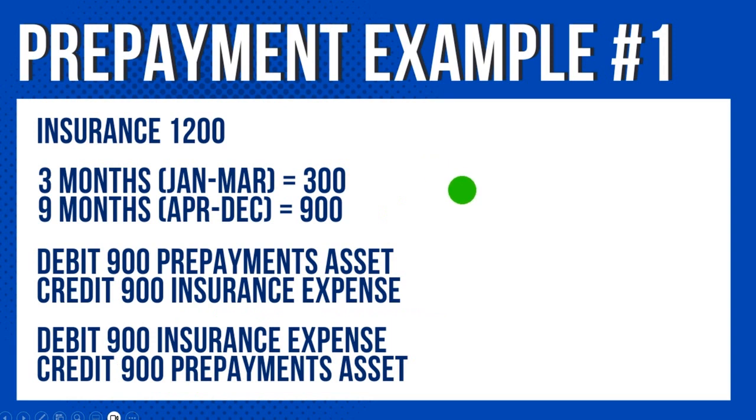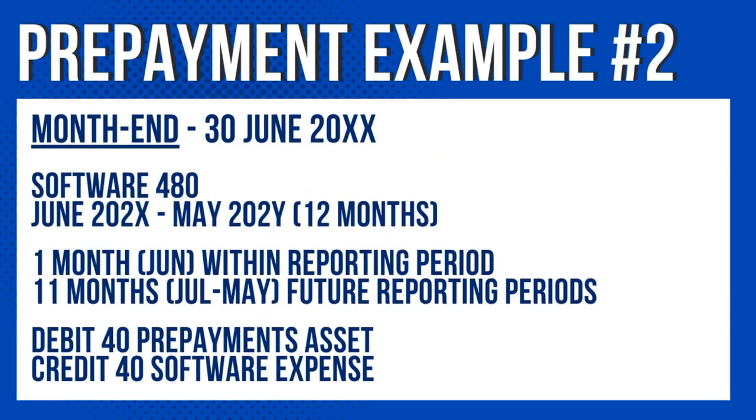Hopefully that makes sense, because things are going to get more confusing, because in example 2 we're going to be looking at month end. So we're doing a month end set of management accounts. Let's say as an example 30th of June 20 whatever. In this month of June there was software of 480, which actually covers 12 months. It could be June to the following May.